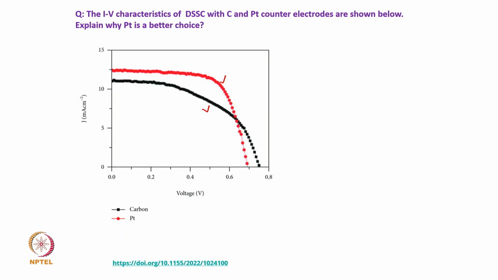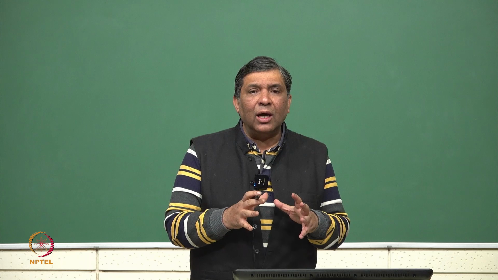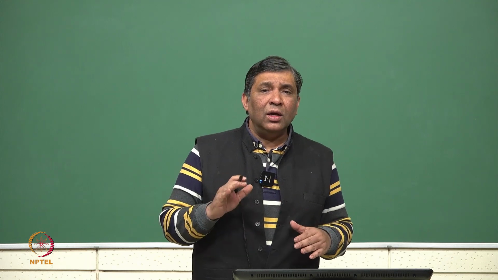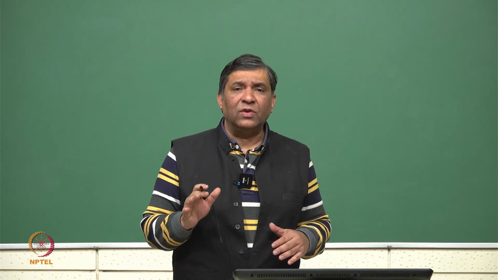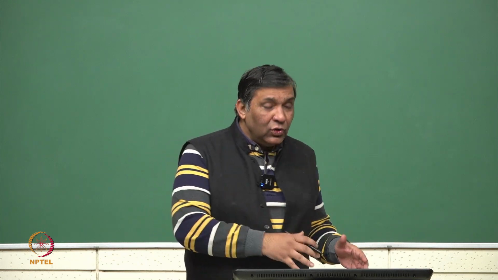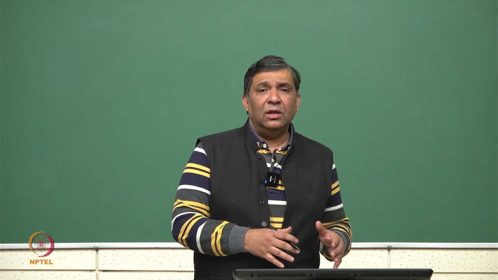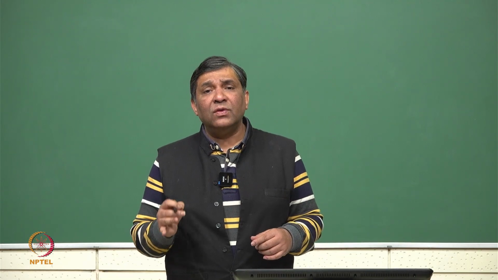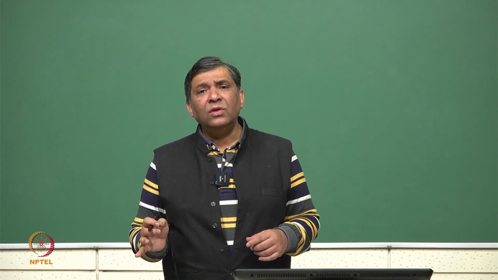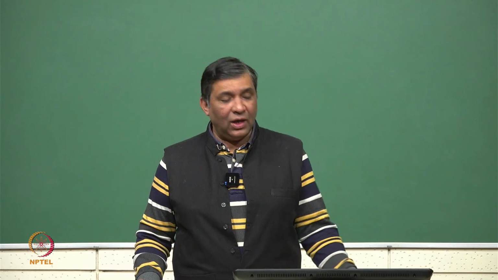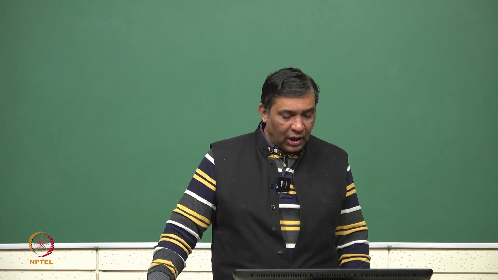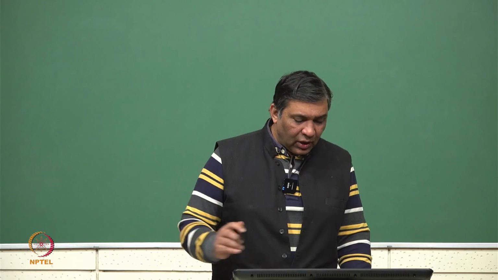Okay. So, what happens, let us first look at the short circuit current density. It seems that when we use platinum instead of carbon or any carbon compound as the electrode, there is a higher short circuit current density, and it is also reported in this literature that it has a higher fill factor as well as higher efficiency as compared to when we use carbon as counter electrode.